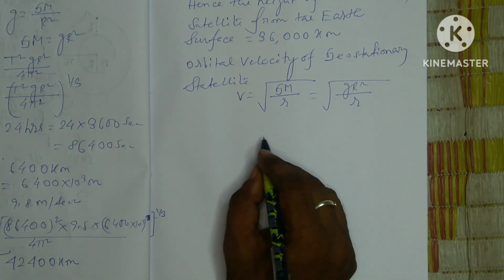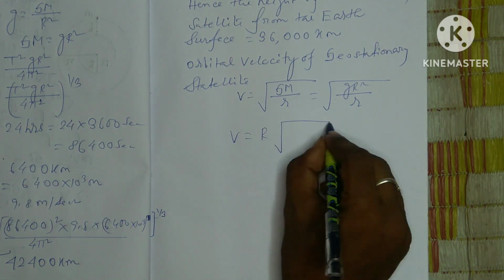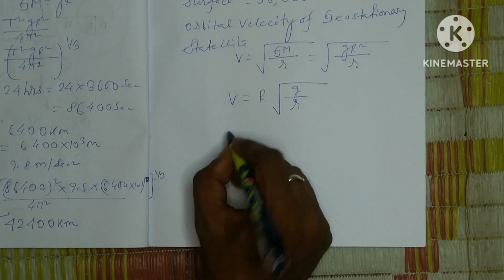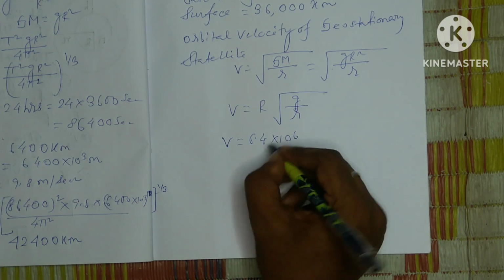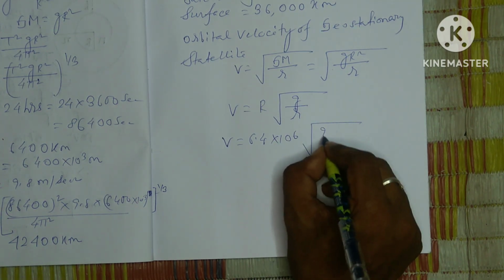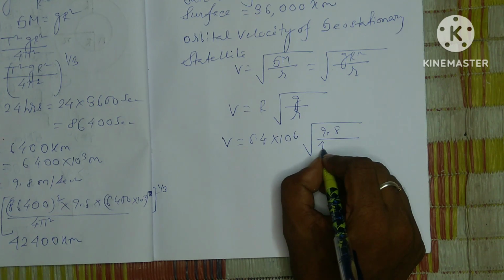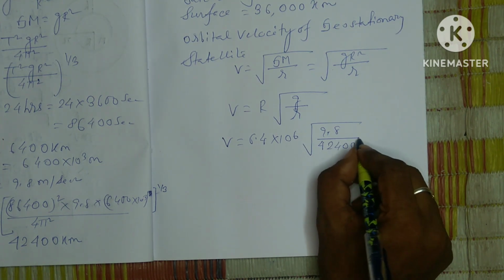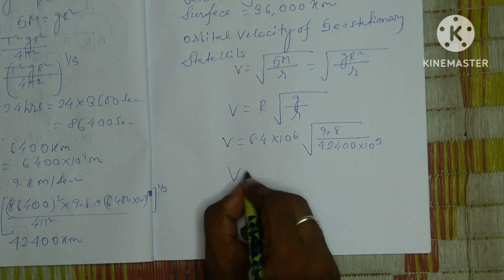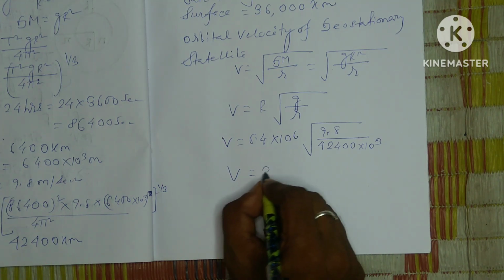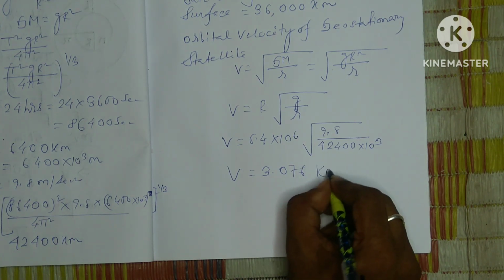Putting the values, v equal to R root over g by r. So v equal to 6.4 into 10 to the power 6 times root over g, that is 9.8, by r. The km is transformed into meter. So v equal to 3.076 km per second.